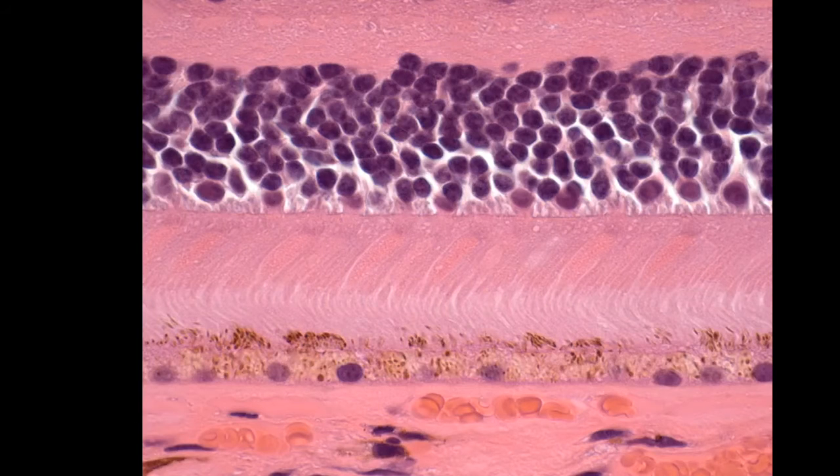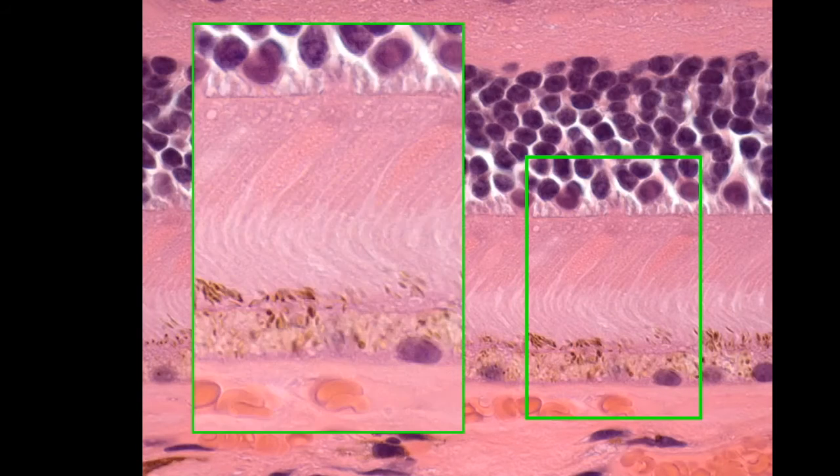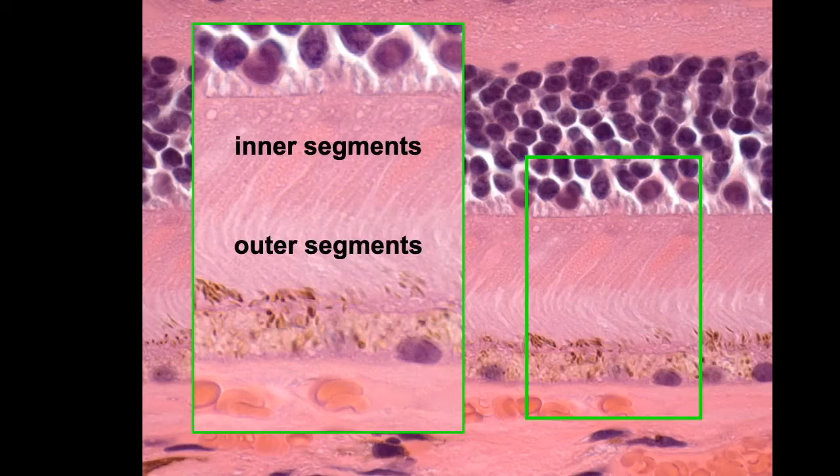The outer retinal layers are seen in this photomicrograph. The nuclei of the photoreceptors comprise the outer nuclear layer. The inner and outer segments of the photoreceptors project through the external limiting membrane, and the tips of the outer segments interdigitate with the apical surface of the RPE. The inner segments and outer segments of the photoreceptors are seen under higher magnification in the inset.